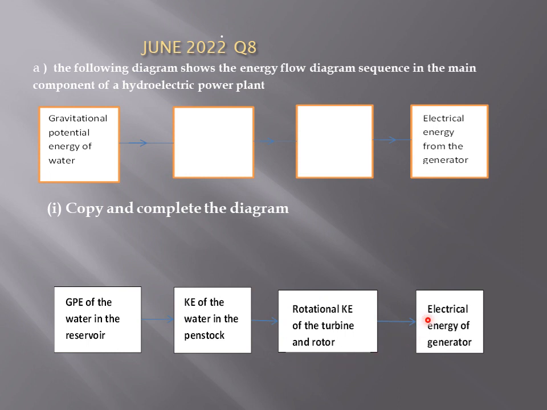Then we finally have the electrical energy of the generator. So we have two forms of energy: kinetic energy of the water in the penstock and rotational kinetic energy of the turbine and the rotor, which will now give us electrical energy of the generator.